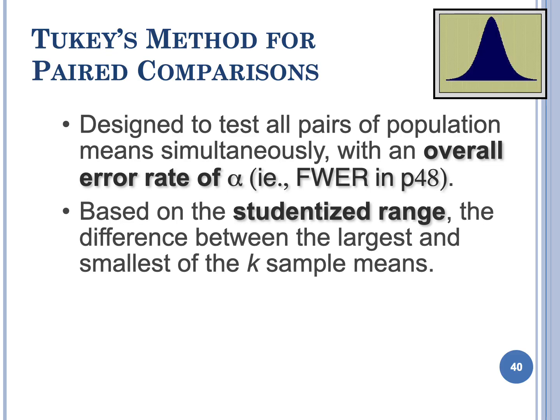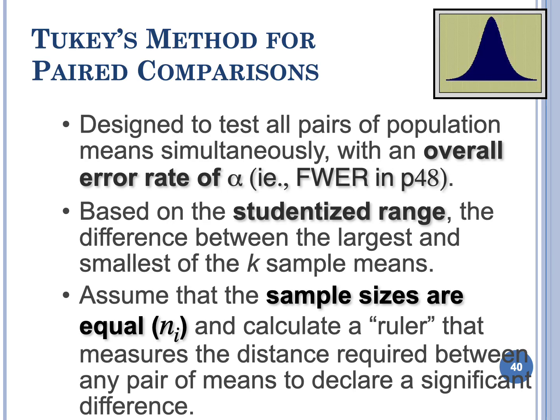It is based on a new distribution that is called studentized range. For the studentized range, the basic idea is that it is the difference between the largest and the smallest of the k sample means. It's a new distribution defined basically as the difference between these two values, and I will give you more details in a later page.